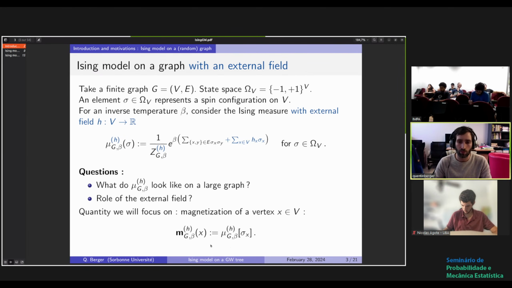You choose a vertex and you look at its magnetization, which is the average value of the spin at the vertex. If the spins are aligned with the pluses, the magnetization will be positive. You know that there is a phase transition depending on the parameter beta. Maybe the magnetization will go to 0, or will stay positive if you put a sufficiently positive external field. So we want to ask that question actually on random graphs.